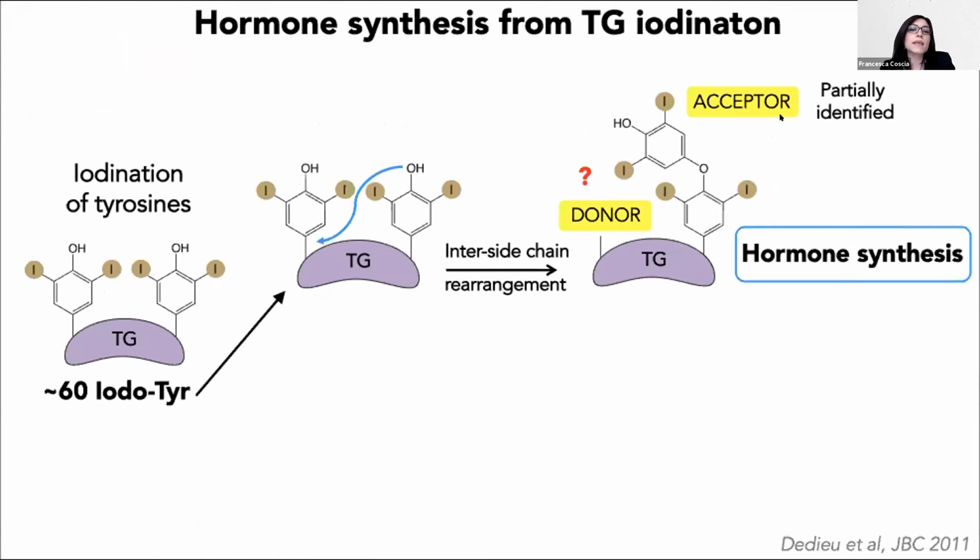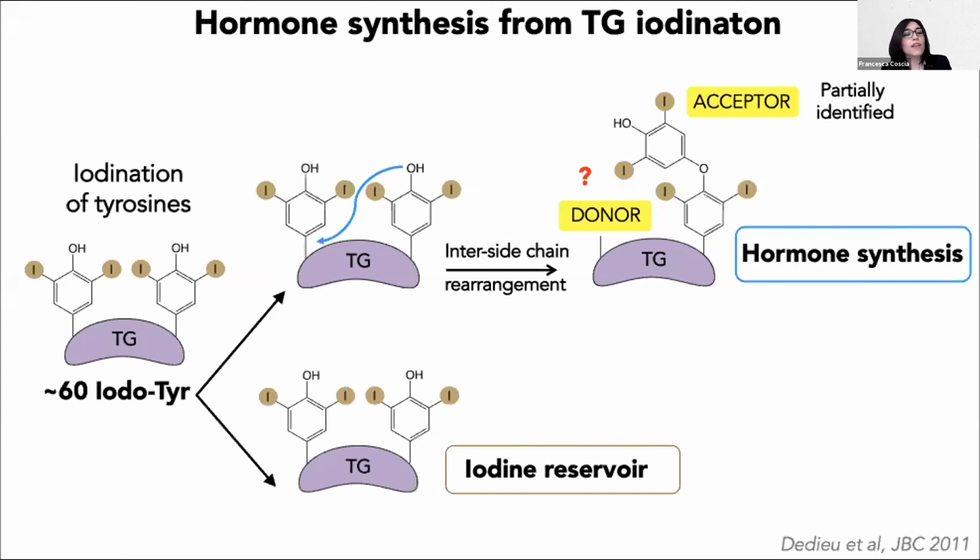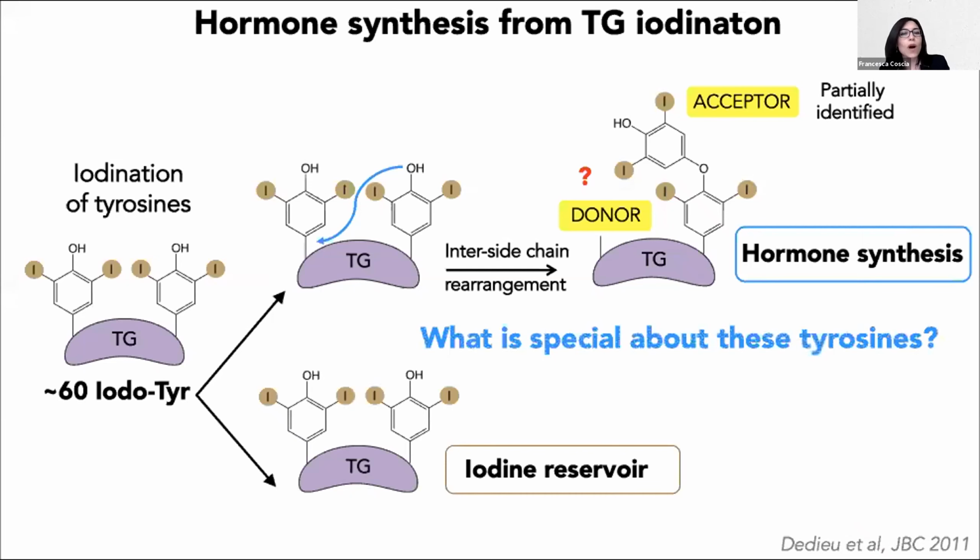So the positions of the acceptors were partially identified when we started this work, while the position of the donors was still uncertain. But most of the other iodotyrosines just serve as an iodine reservoir, so they do not form hormones. So the mystery here was to understand why the first tyrosines are so special.